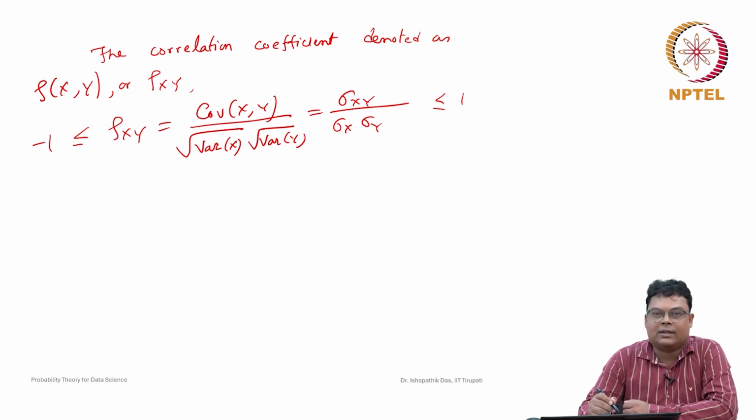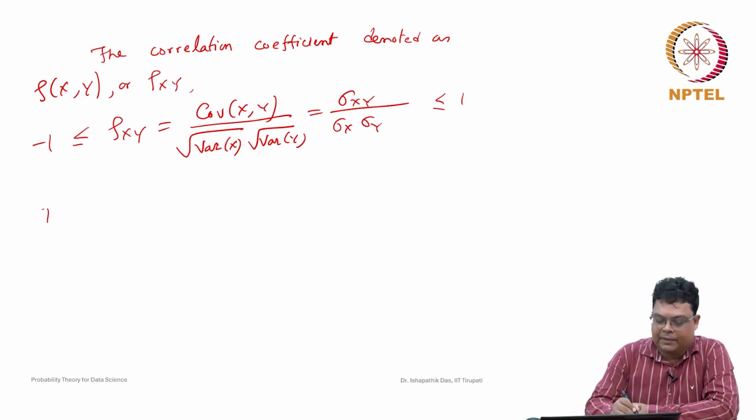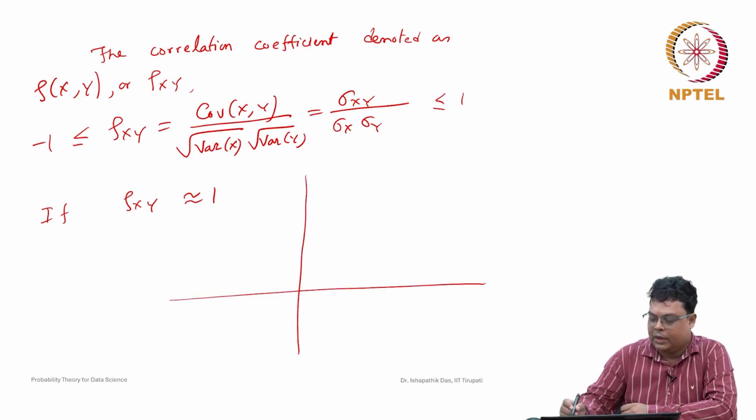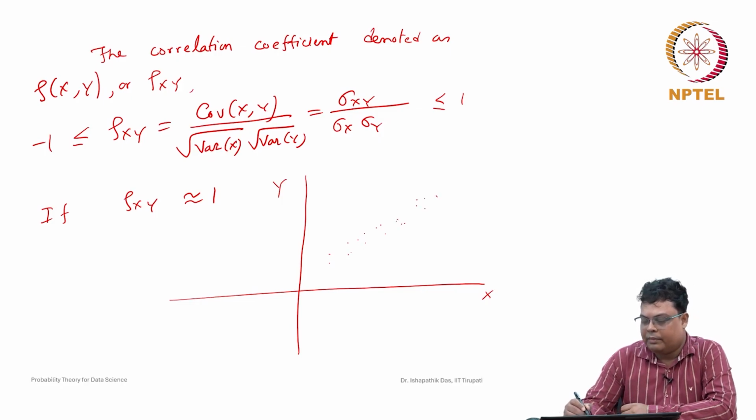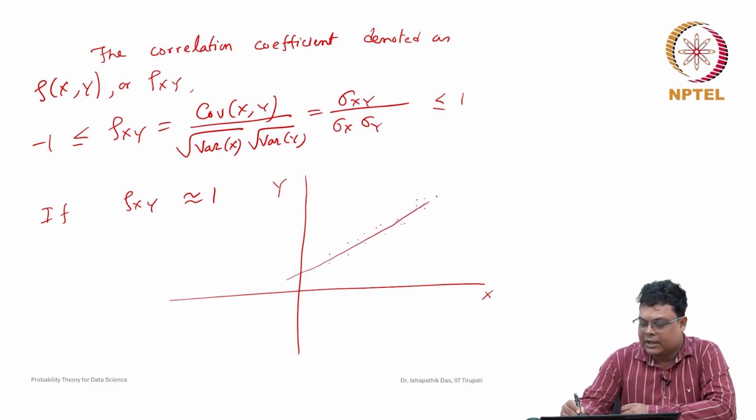Now, there is some significance of the correlation coefficient. If the correlation coefficient is close to 1, and you have some data and make a scatter plot, that means if you plot x versus y, you see that the data look scattered around a straight line.